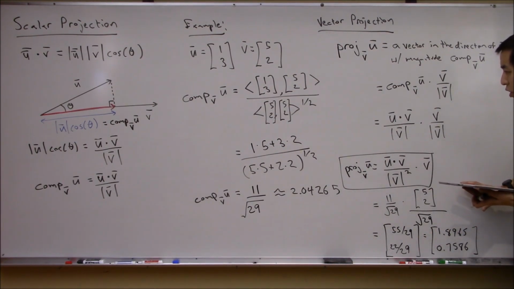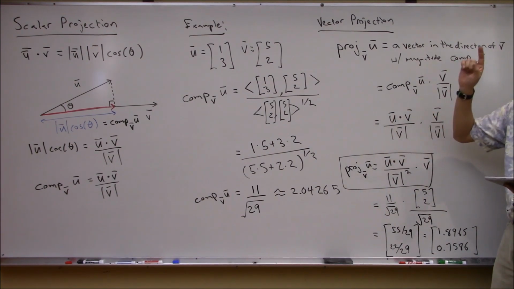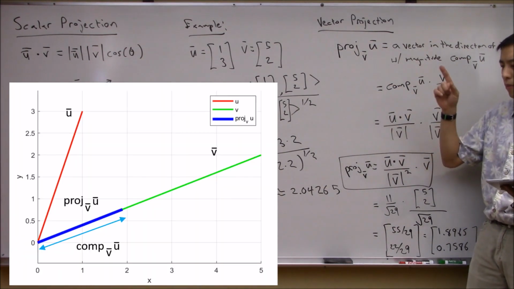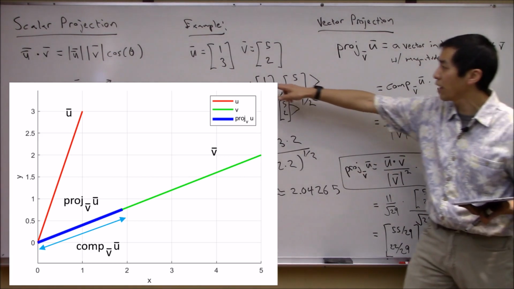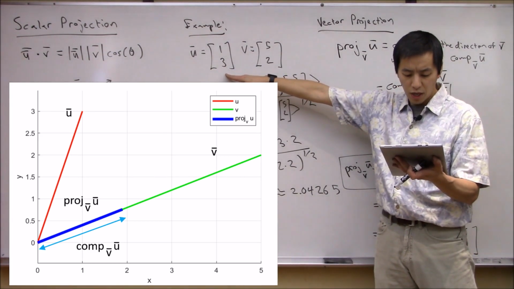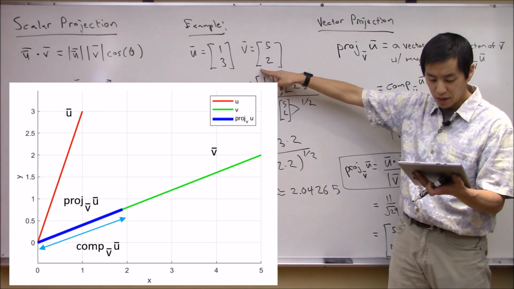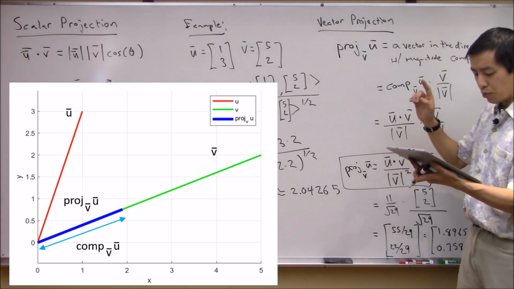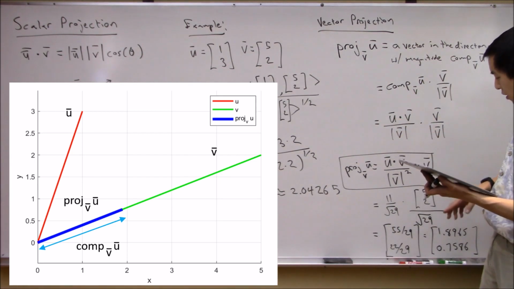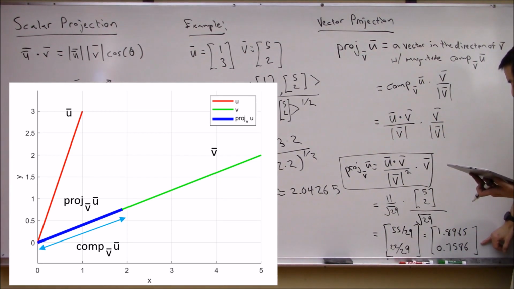And just so that you can see all of this, tell you what, I'll flash up a screenshot of a MATLAB plot I made, which plots out u here in red, v in green. And then you can see in blue is this vector right here, the projection that we just computed.